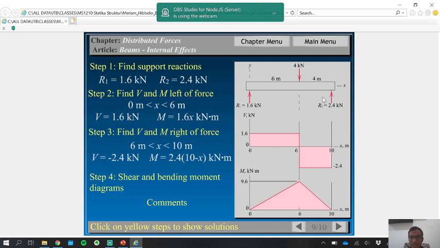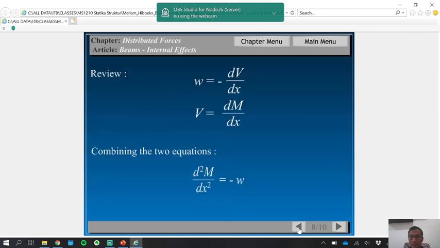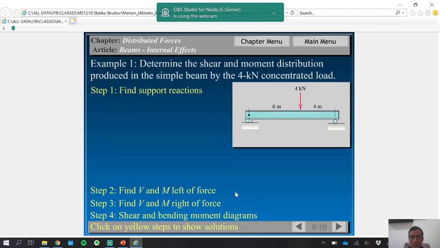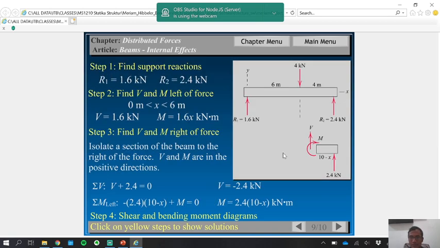That's why whenever we try to calculate for the right cut, for this particular equation, and we take a look at the right side of the cut, the distance there is not x, but 10 minus x, because in this calculation, the distance that we measure is from the right edge to the cutting.